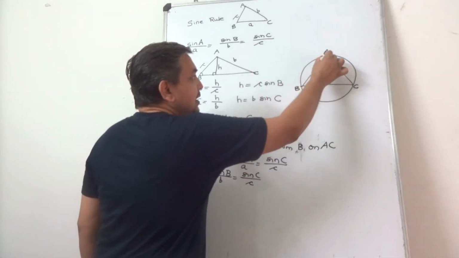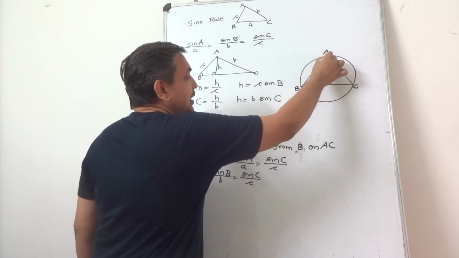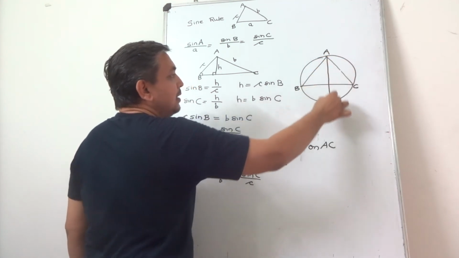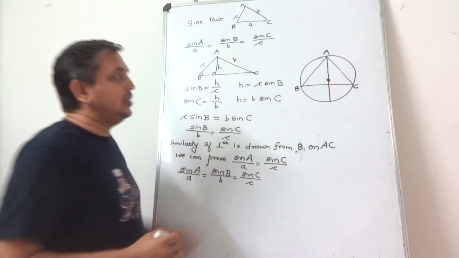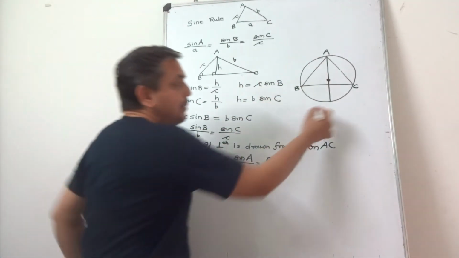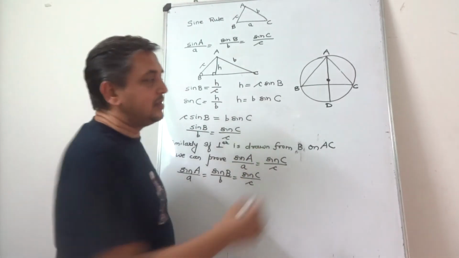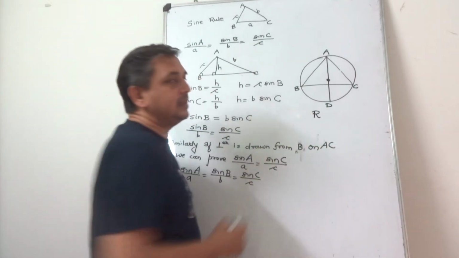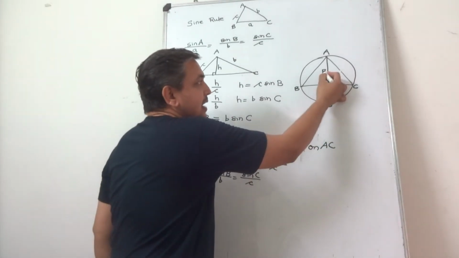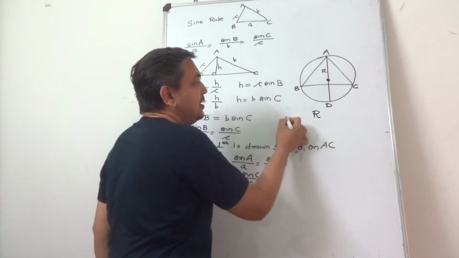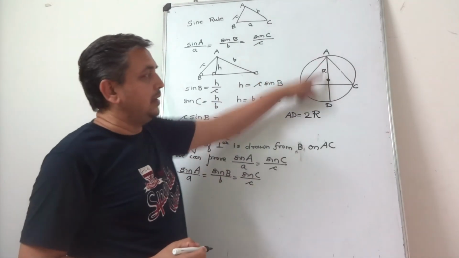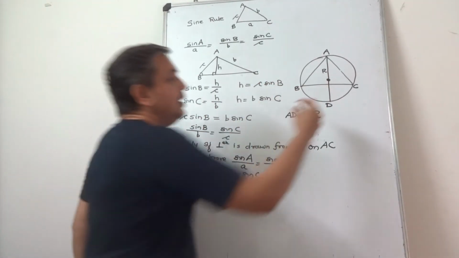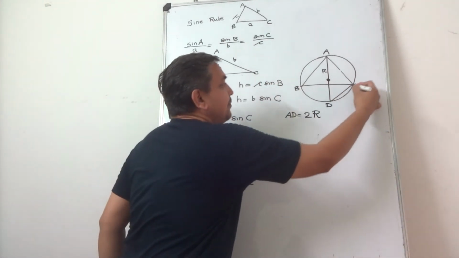To find the circumradius, let us draw this line passing through the center, and so this becomes diameter AD. Suppose R is the circumradius, this length is R, this length is R, so AD will be equal to 2R, correct? AD is 2R. Let us join this DC.